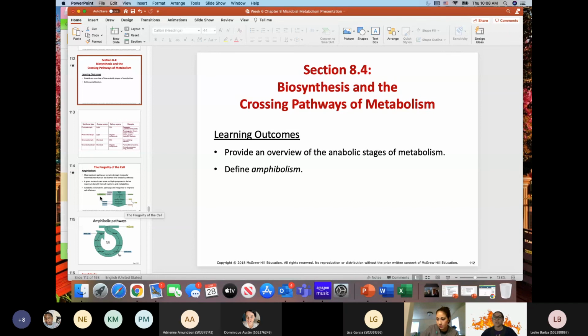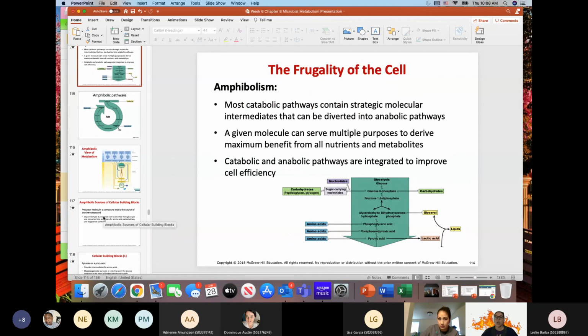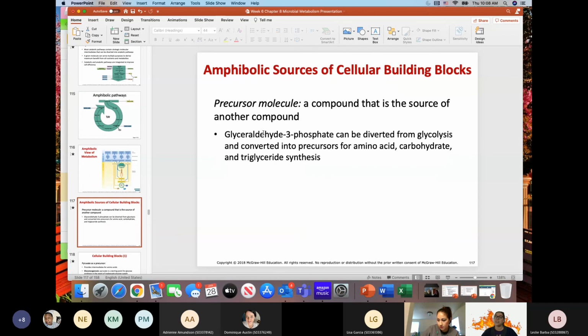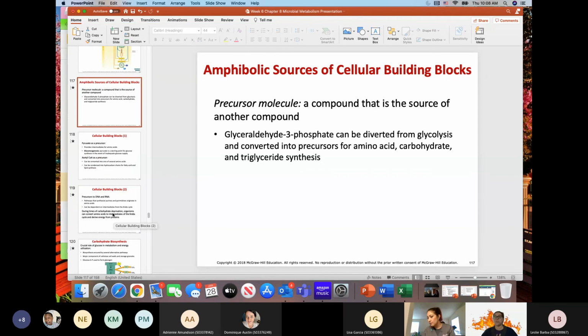I just want to show you that anabolism, the process of moving things up, also occurs. In a scenario where a cell runs out of glucose, you can go the other direction and build the necessary molecules, starting with a precursor molecule like acetyl-CoA, pyruvate, or even glyceraldehyde 3-phosphate. Things can be built from your cells.